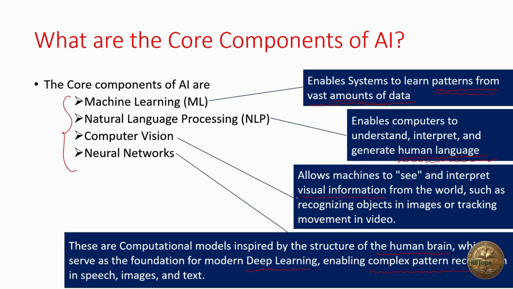Computer vision is connected to interpreting visual information, and neural networks are inspired by the functioning of a biological human brain. Neural networks come into the picture in deep learning, and deep learning comes into the picture whenever the tasks are too complex. Right. So these are the four core components of artificial intelligence.